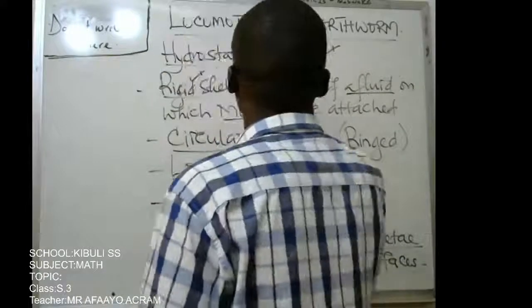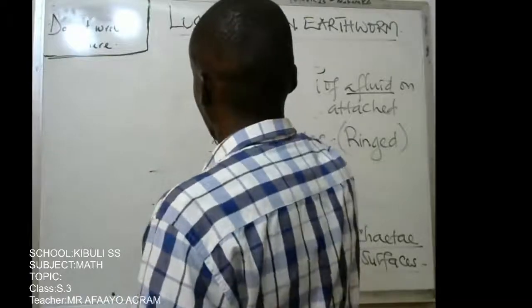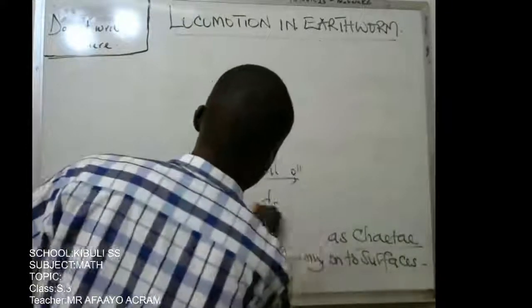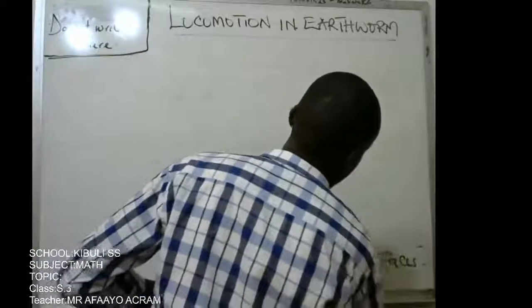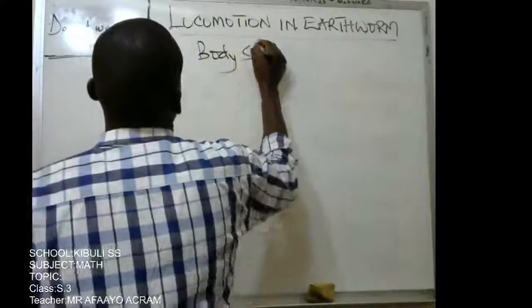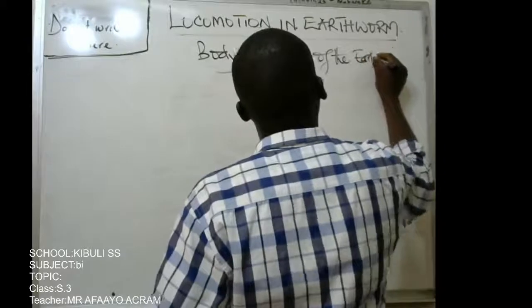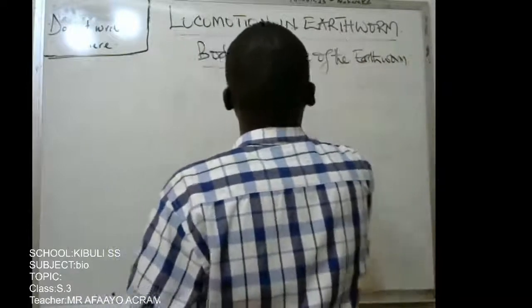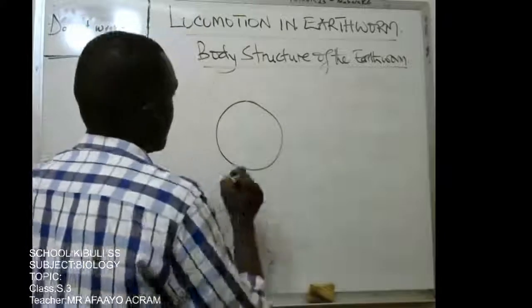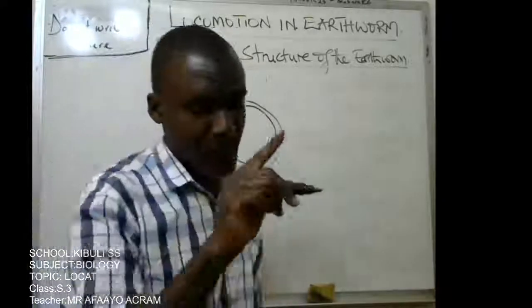If you look at the drawing, at the body structure of the earthworm, the outer part of the body is composed of ringed muscles.